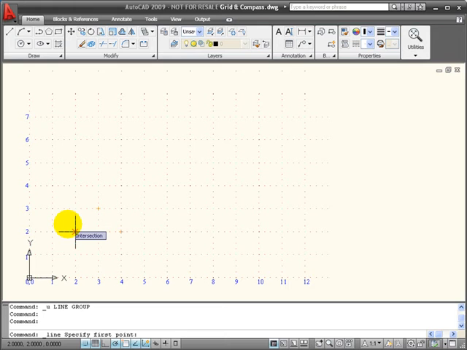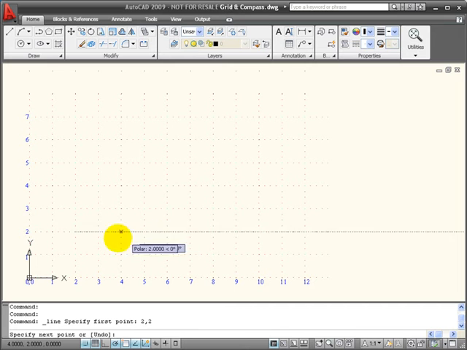I'm going to start again from my absolute value of 2, 2, and now I want to draw a line that's 4 units long, 4 units on the x, and no change on the y from this last point, from my beginning point.